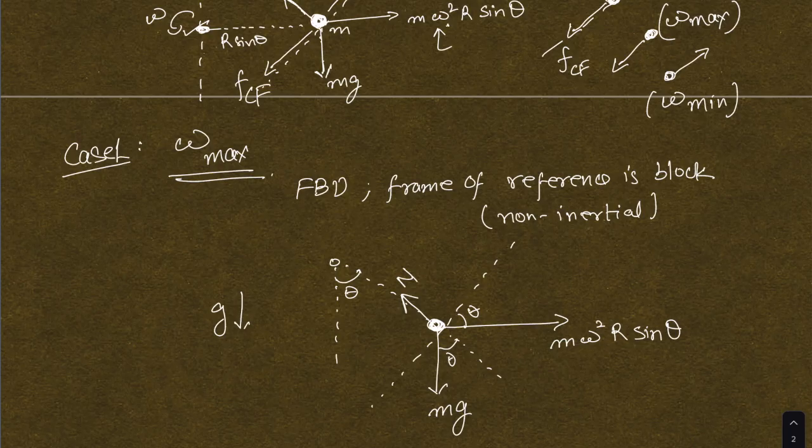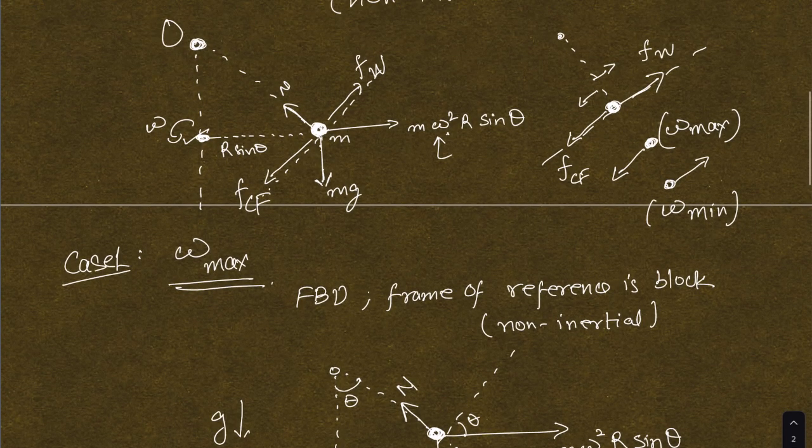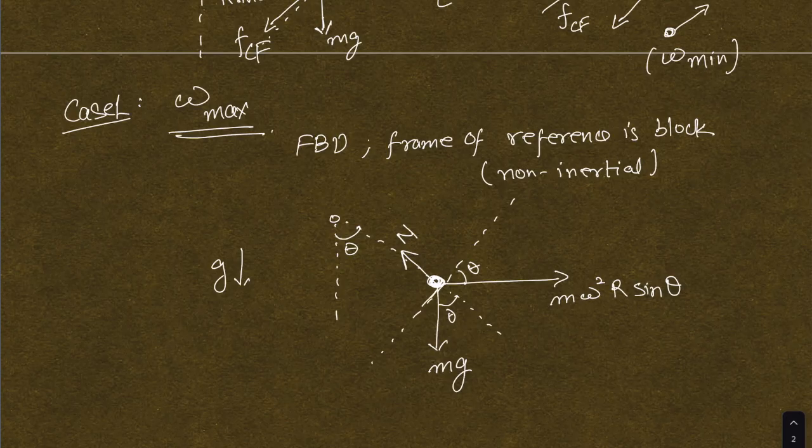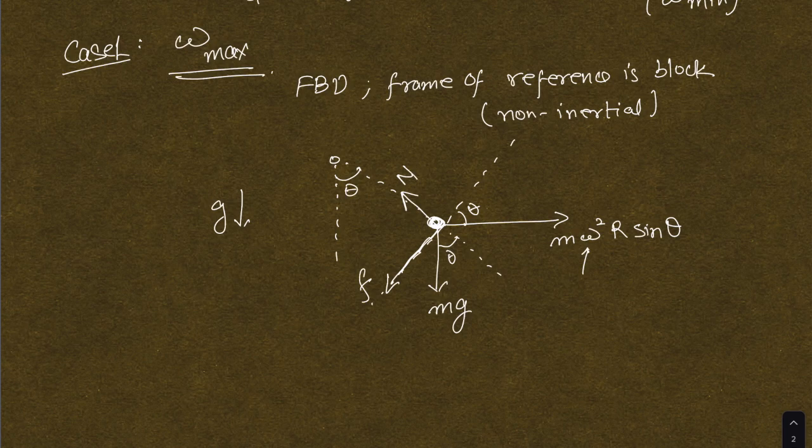And we also discussed that in the case of omega max, we'll consider the friction to be in this direction. So the net frictional force is in this direction. Since there is no motion in this direction, n equals mg cos theta plus, so that is the component of mg in this direction and the component of this in this direction, and of course there is no component of friction in this direction since this angle is 90 degrees.